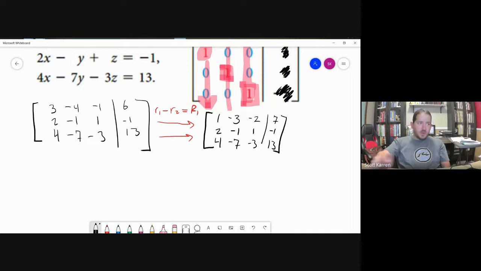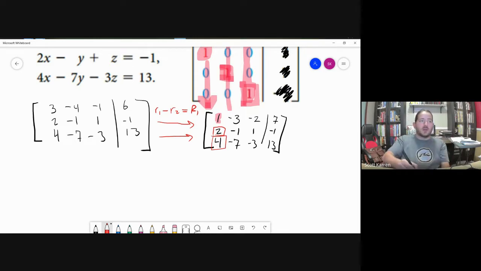Now that I've got that 1 right here, I'm going to do something very similar to what I did in the last problem and just eliminate the 2 and the 4, right? And then whatever happens in the rest of it, I just have to deal with, right?